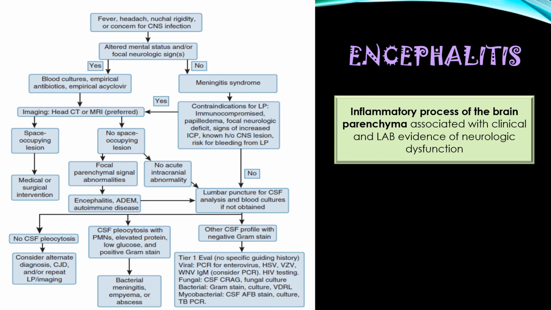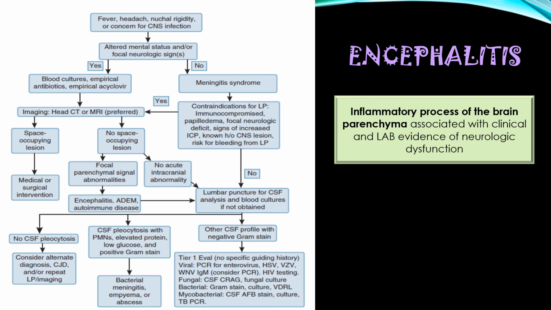The tier 1 organisms that should be investigated are enterovirus, herpes simplex, varicella, West Nile virus, and HIV in a patient who has a risk. In a patient who shows pleocytosis, or white cells in the CSF, you should think about meningitis, empyema, or abscess.